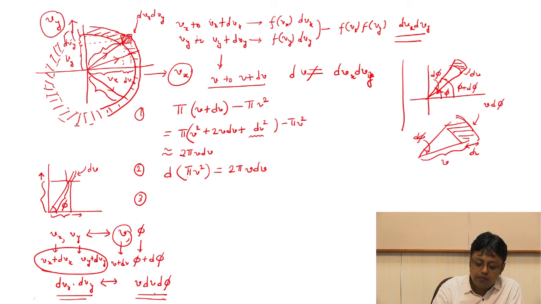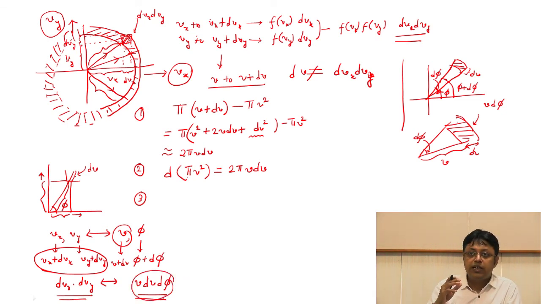But then to make it independent of the direction, we have to take this infinitesimal area and integrate over all the phi's, because we are not changing the v here. We already said that we little bit increment v to v plus dv, but now we ask this question, what is the distribution independent of the direction? Because any direction I take the speed distribution, it should be equal.